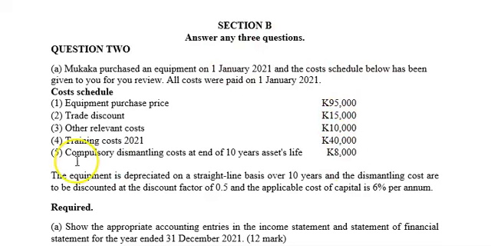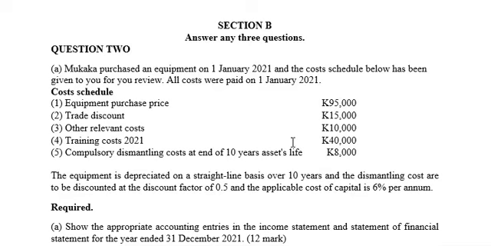And as such, this one will be treated as an expense in the income statement, as guided by IAS16 property plant equipment. Also if you find something like cash discount, it will be an expense in the income statement. We don't add it to the purchase cost.